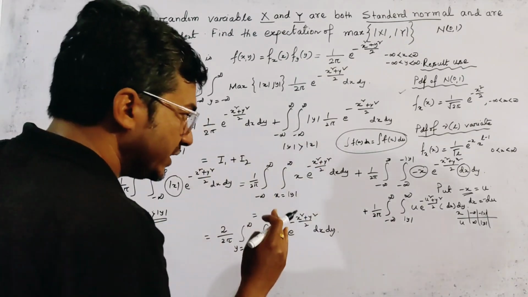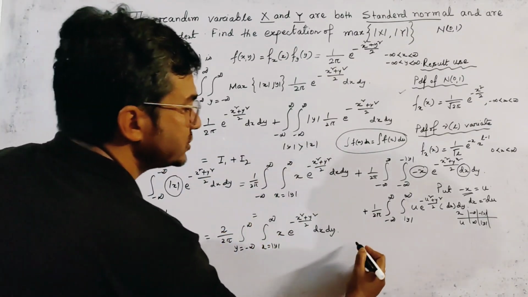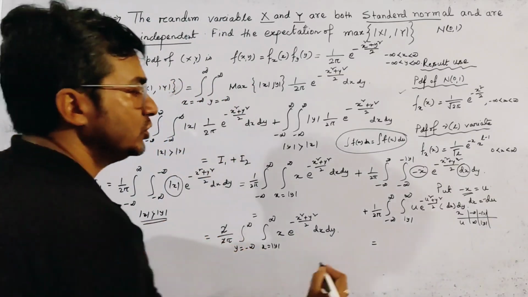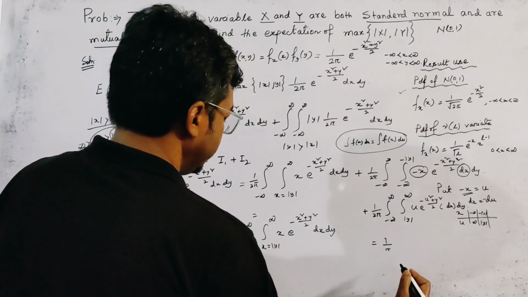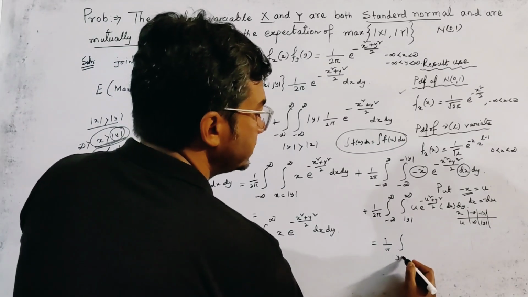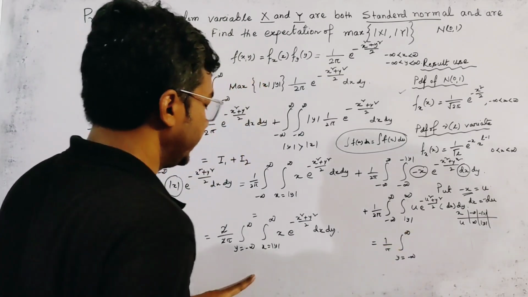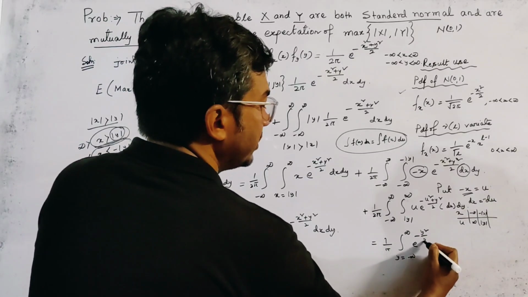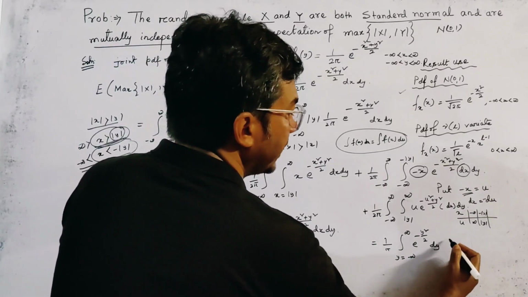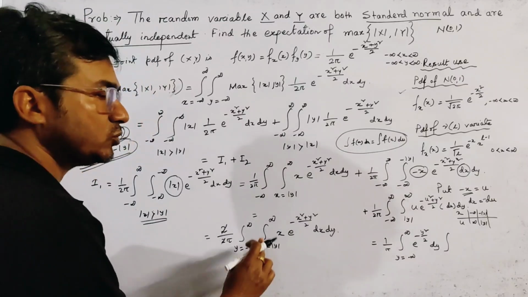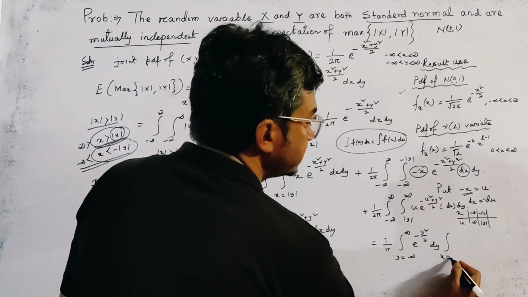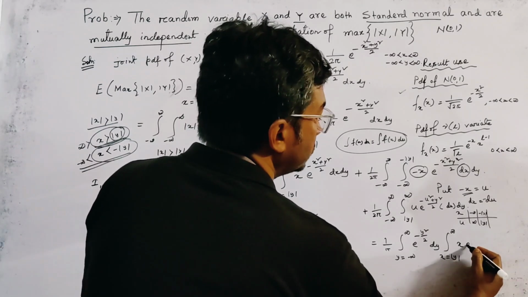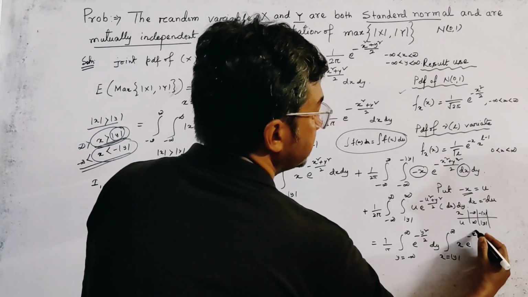Now these two and these two cancel out, so this is 1 by pi into integration over y from minus infinity to infinity of e to the power minus y square by 2 dy, and we first integrate with respect to x from mod y to infinity, which is x into e to the power minus x square by 2 dx.